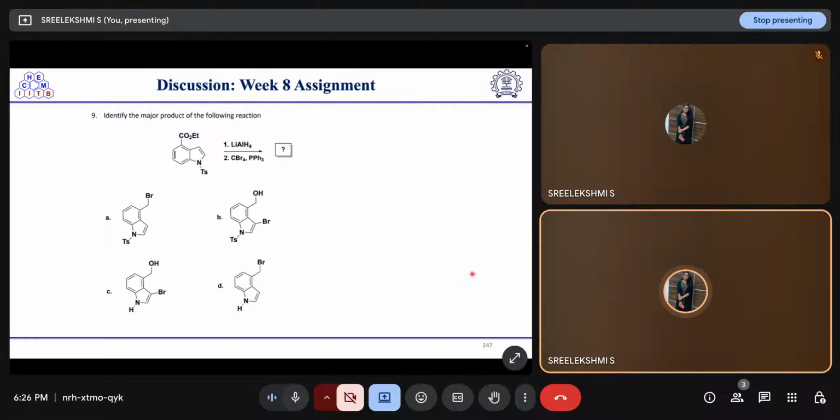Now the next question: identify the major product of the following reaction. This compound is treated with LAH first, and in the second step with CBr4 and PPh3. Which will be the major product here?